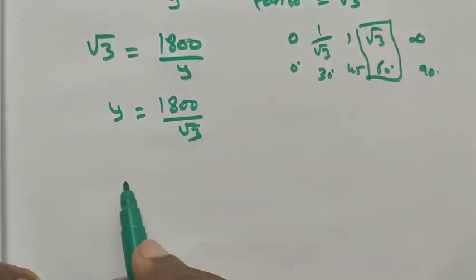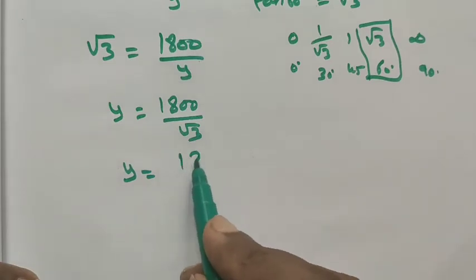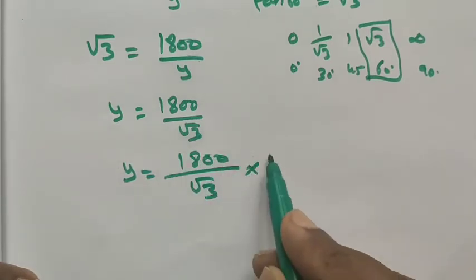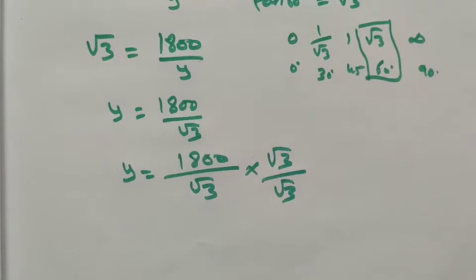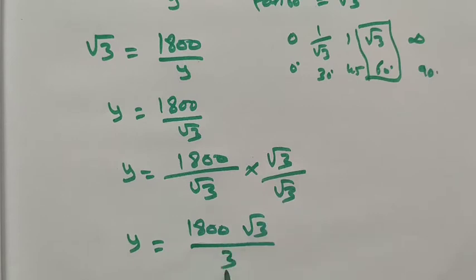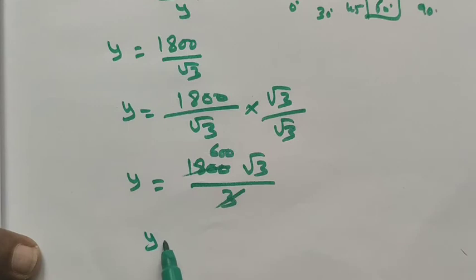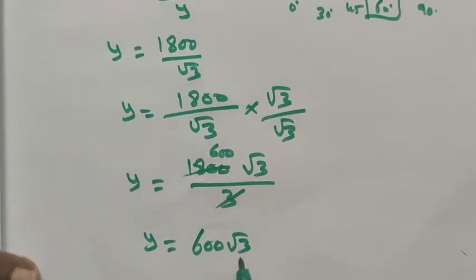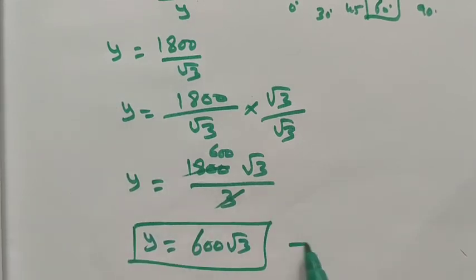So it is in the denominator, so I multiply and divide by the same root 3, then Y is equal to 1800 root 3 divided by root 3 into root 3, which is nothing but 3. Then you divide this, we get 600. Therefore Y is equal to 600 root 3. We take it as equation number 1.